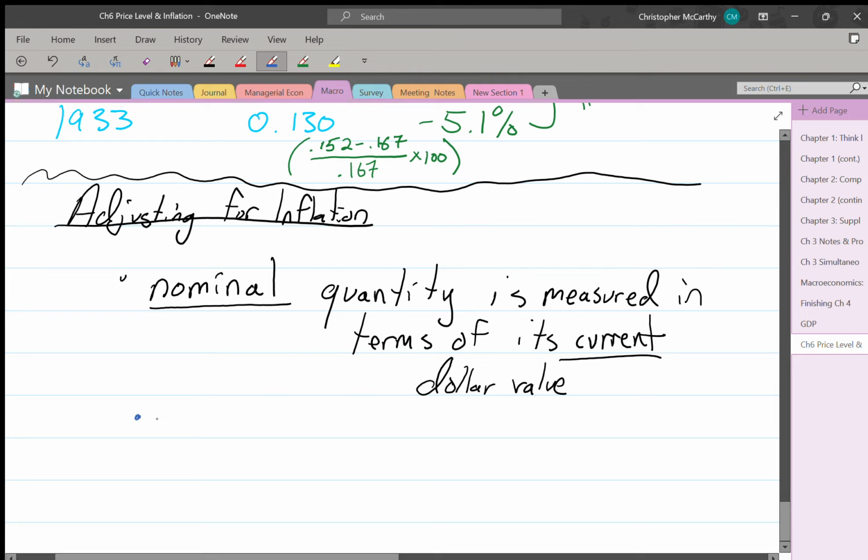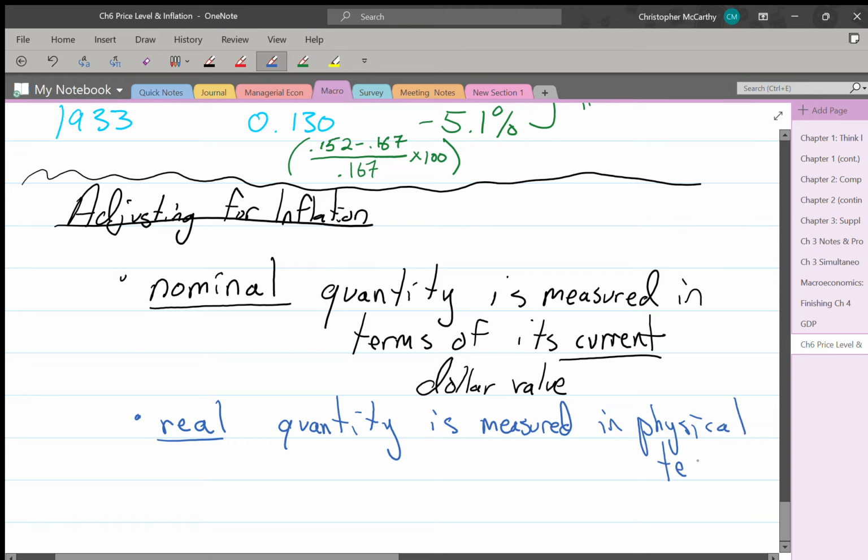So a real quantity is measured in physical terms. So real quantities are the quantities of goods and services, the ones that we care about.